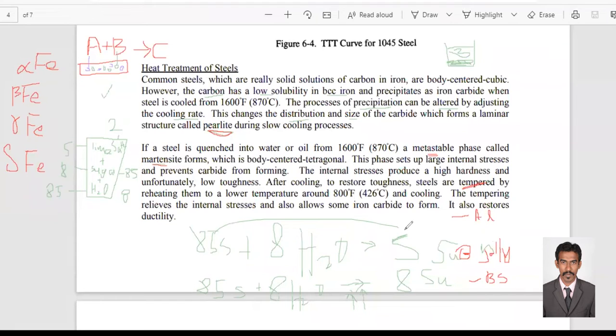It also restores ductility. So, for example, say you have only a small gate to enter. If 10 people are coming, that's okay, you can enter. But if 1,000 people come at a time and want to enter, there will be a rush, without any regularity.